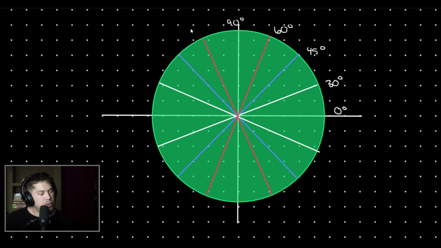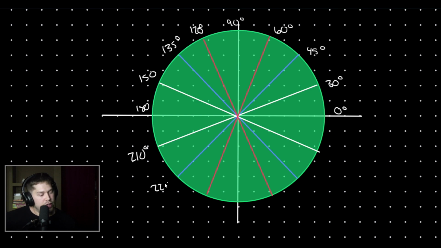Then we have 120. Oops, 120, there we go. And then we have 135. And next we have 150. A semicircle is 180 degrees. After 180, we have 210.